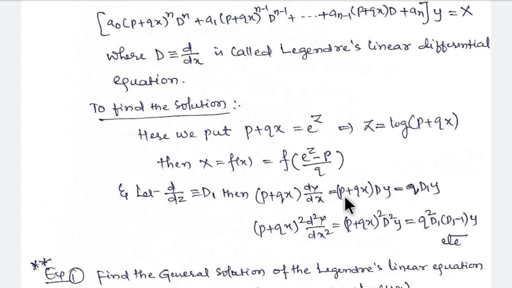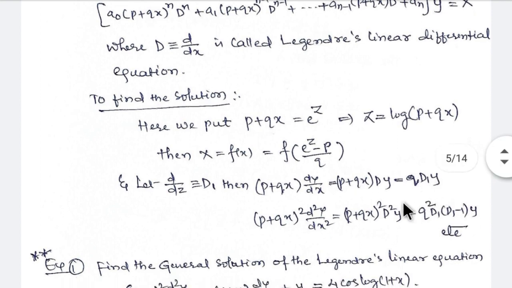So here (P + Qx) d is replaced by multiplying Q. What is Q? Q is the coefficient of x in the linear function. Whatever the coefficient of x is, you multiply it here: Q d1 y. This Q is extra here.